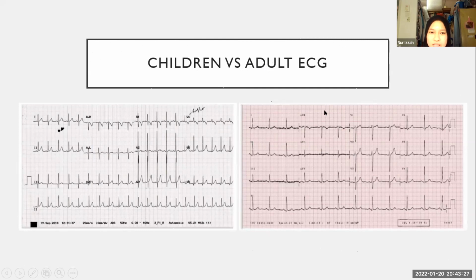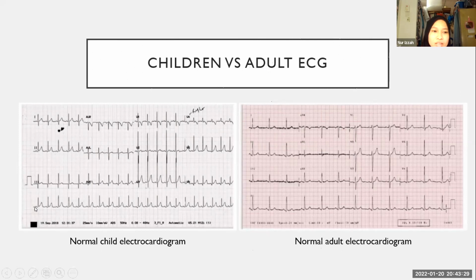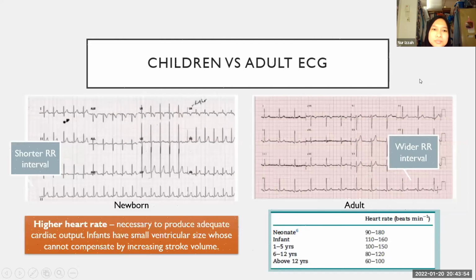Lead 2 on the left side is the normal ECG of the child. This is a shorter RR interval, which indicates a higher heart rate compared to the adult ECG. In lead 2 of the adult, we can see the RR interval is longer, because we have a slower heart rate. So this is the first difference.